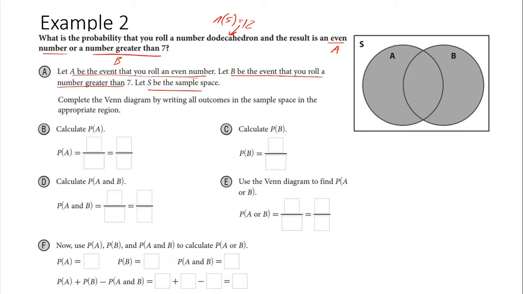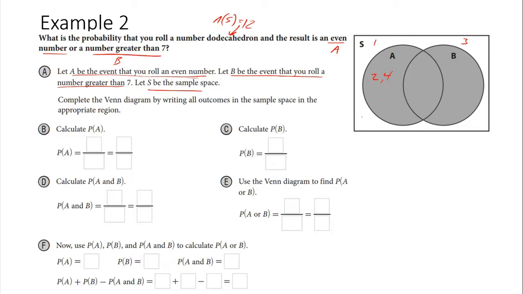Okay, let's do this. So if we roll a 1, that's not in group A or B, it's out there. If we roll a 2, that'll be an even number, and it's less than 7, so it doesn't belong to B. If we roll a 3, 3 is just out there. It doesn't belong to A or B, right? It's not even, and it's not greater than 7. We roll a 4. That's an even number.